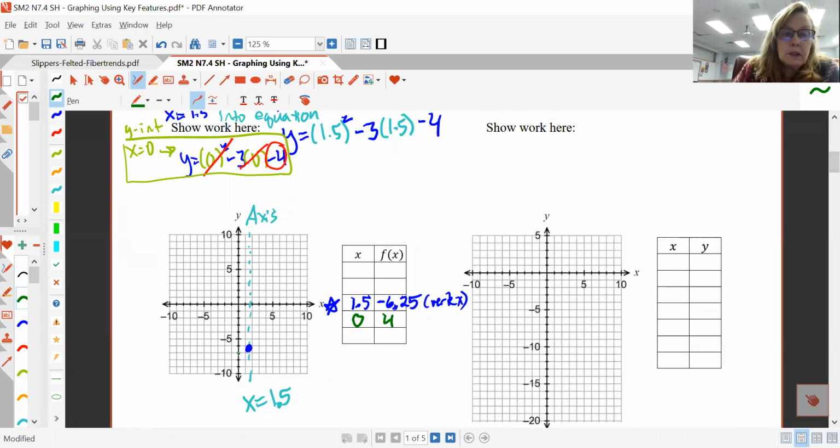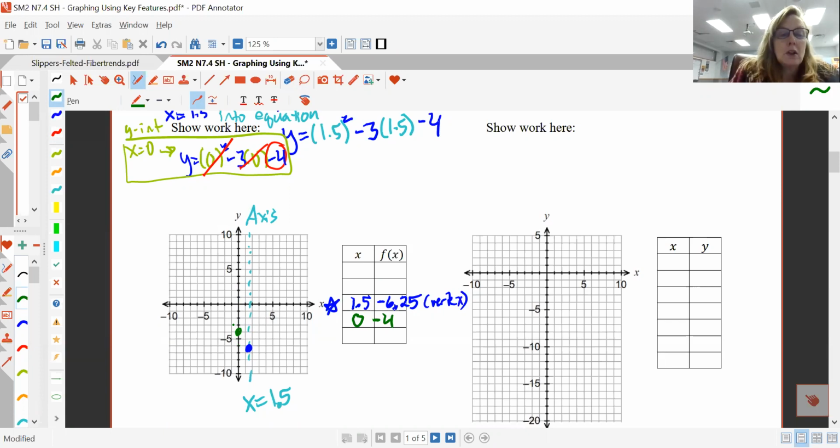Wait, oops, typo. Okay, I'm looking at it, 0 and 4 is up here, but I'm looking at that, and that looks really far away. So pretty confident I made a mistake. So I check again, and I'm noticing, oh yeah, it's supposed to be -4. So that looks a lot better, -4.